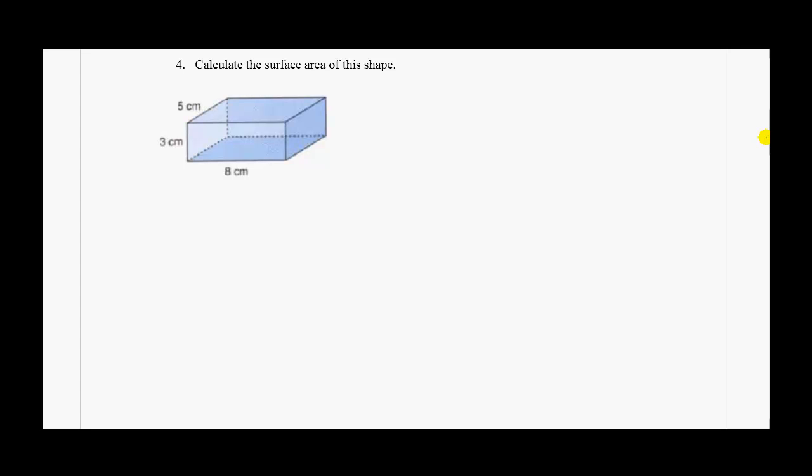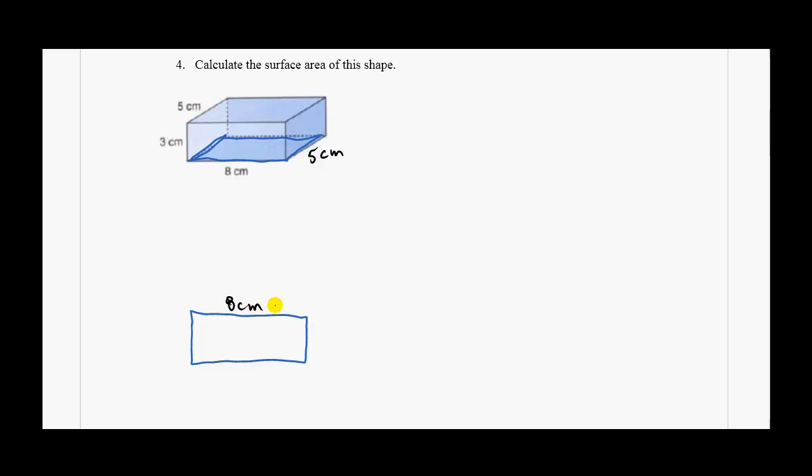We may draw a net of the rectangular prism. I like to start with the bottom. In other words, if we look carefully here, the bottom is an 8 centimeter by 5 centimeter rectangle.